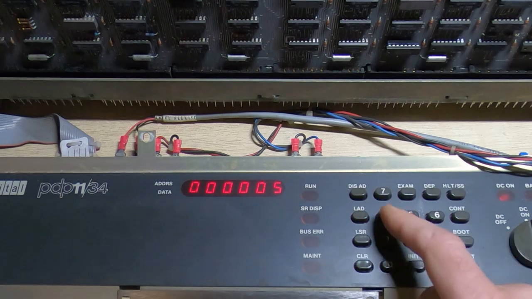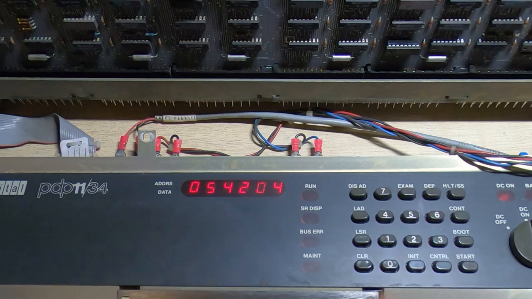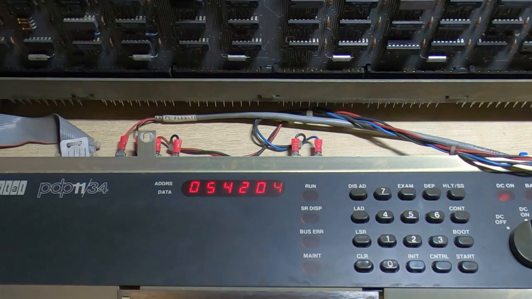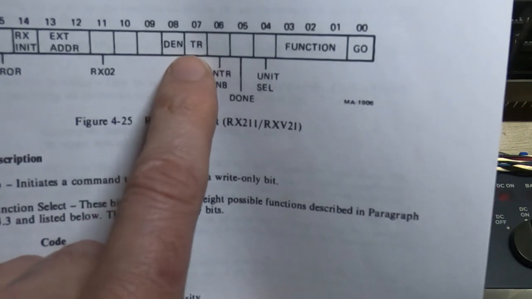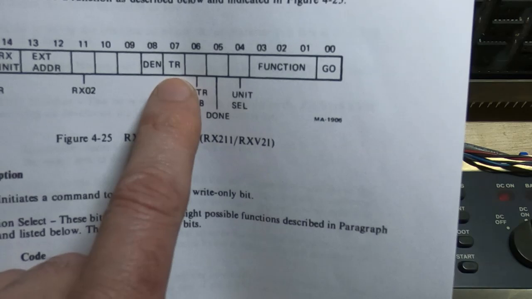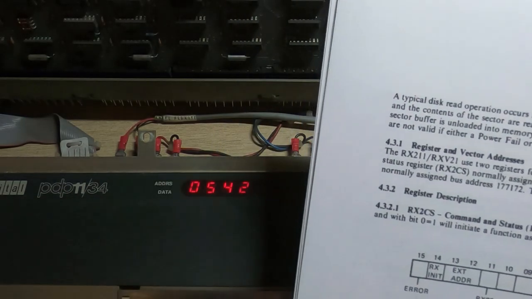What we can now do is re-examine the same register. And notice now that we've got a different value, but the important thing here is the 2, we've got 204. If we look at the format of the register, that bit indicates that the TR bit is set to a 1, and the TR bit basically means that the interface is ready to send or receive data.